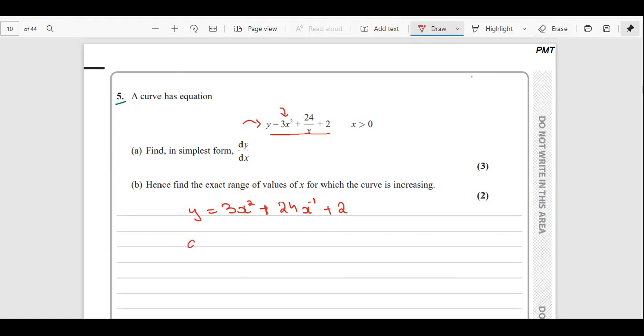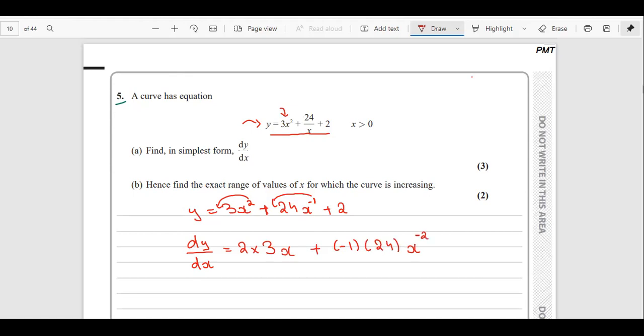And now we can differentiate that. dy by dx is, this power will come here. So 2 into 3x, plus, again, this power will come here, minus 1 into 24 x to the minus 1 would be minus 2.